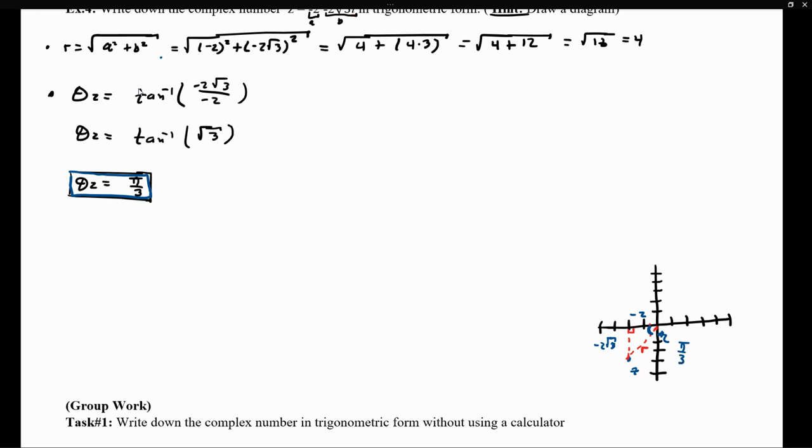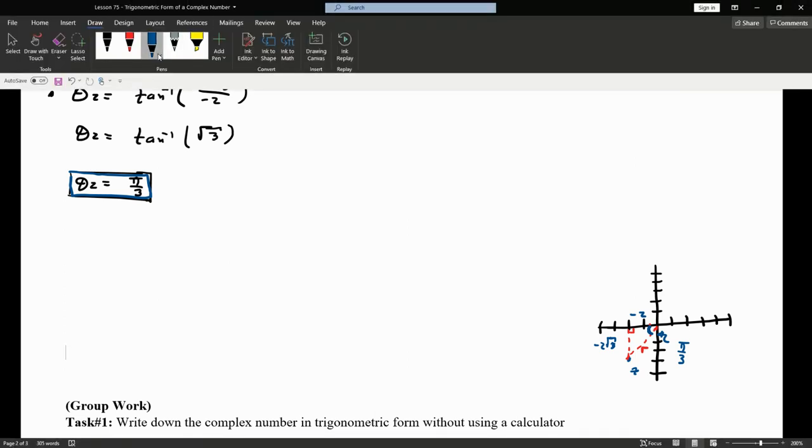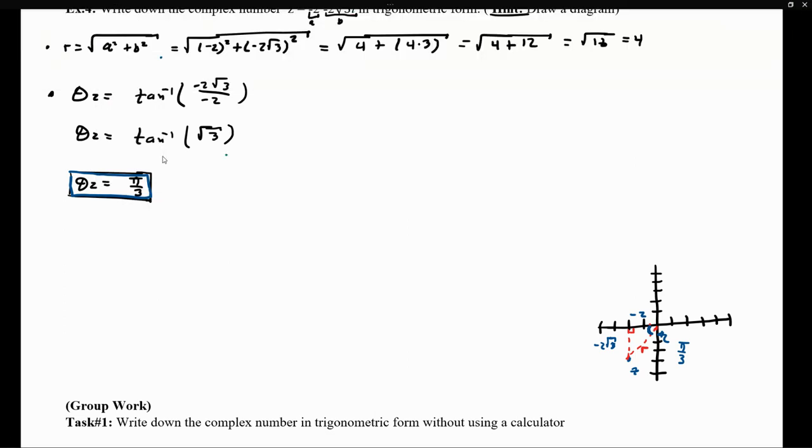But we're not going to use pi over 3 when we're trying to rewrite our number in complex form. What we want to use is the actual argument, and the actual argument is the total angular distance from the first point up to where my line is being defined by r. So this is the argument. This is what we want to use.